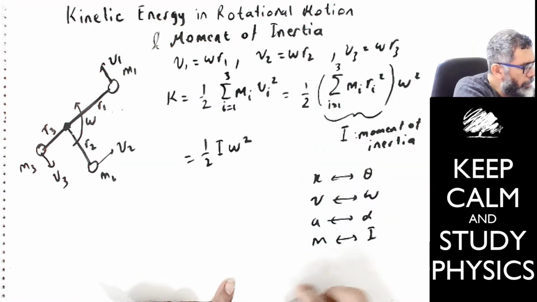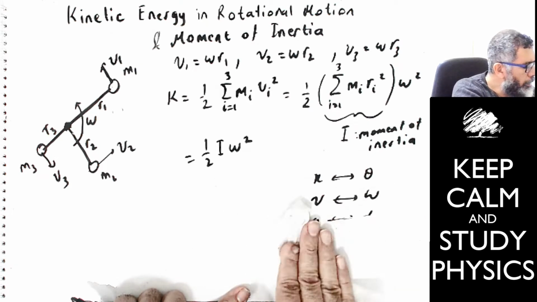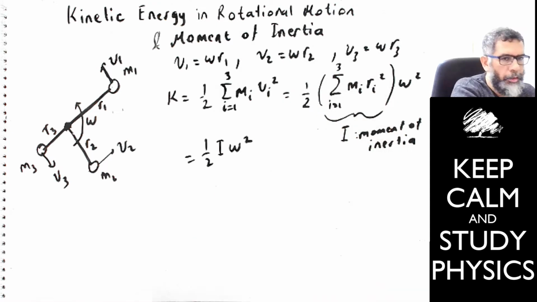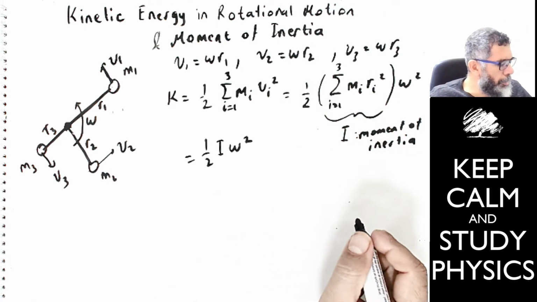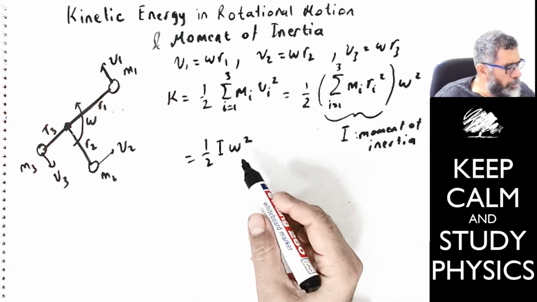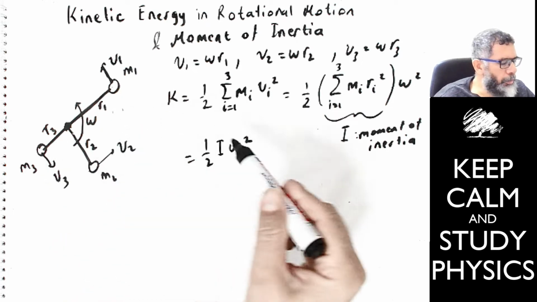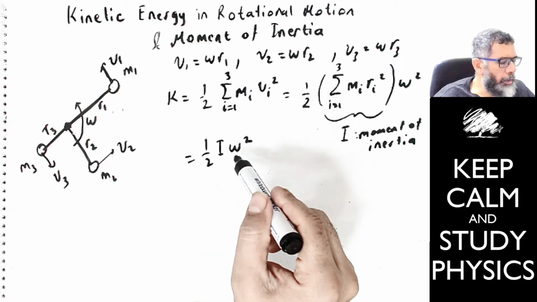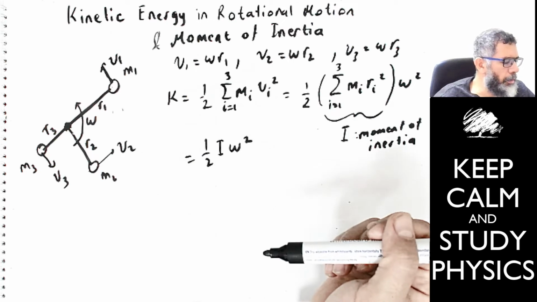So the kinetic energy over here has a very similar form to that of the linear kinetic energy expression. All we have to do is, you don't have to deal with the individual different speeds for the particles. In this form, you only need to know the common rotational speed, or angular speed. That's it.